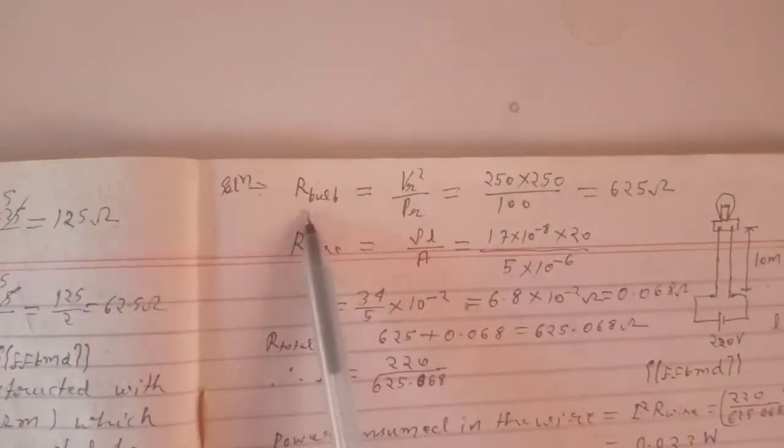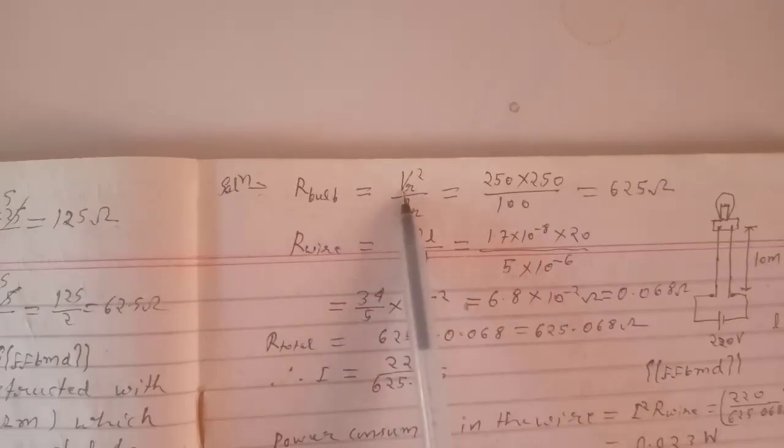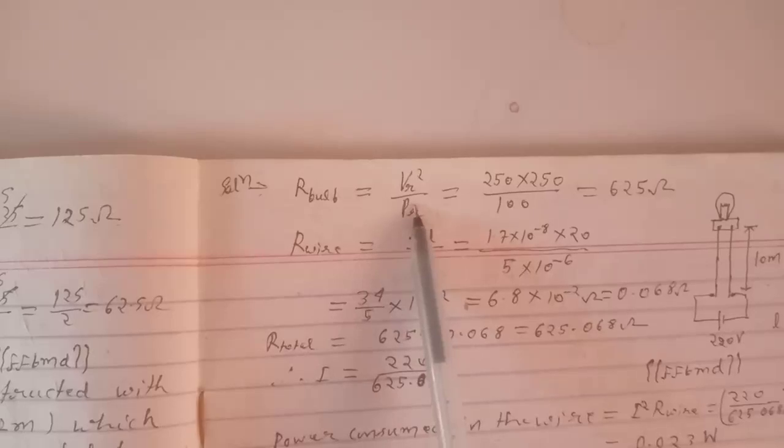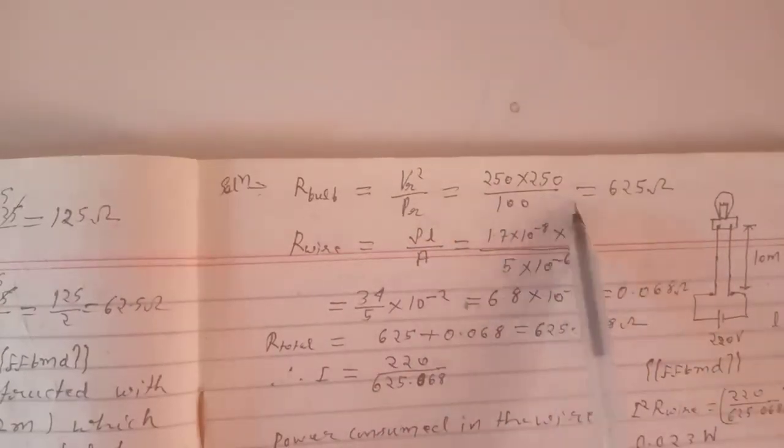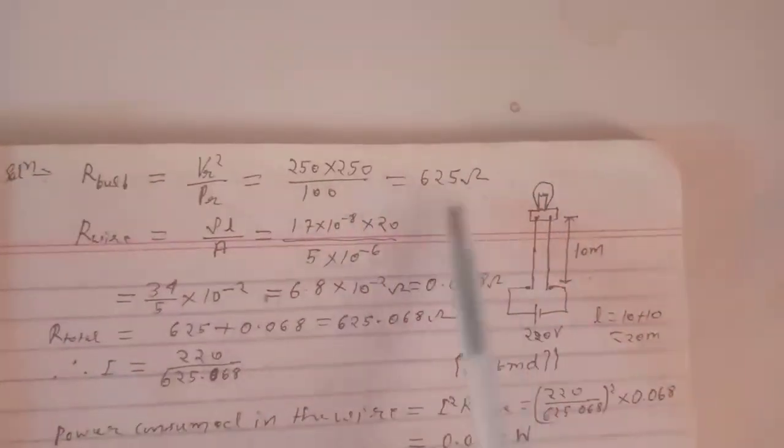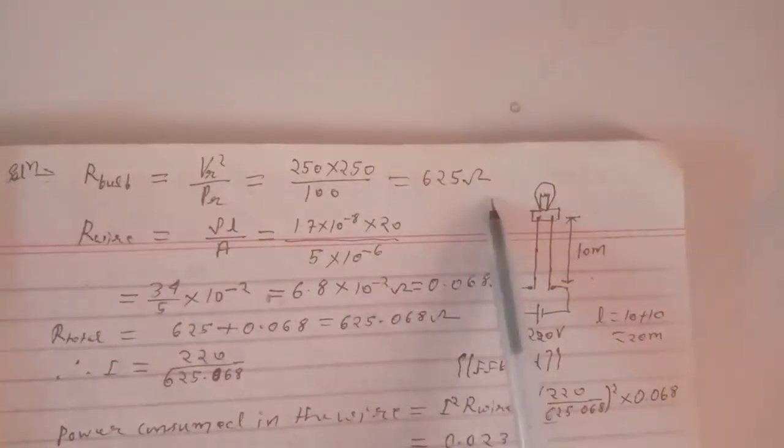Solution. Resistance of bulb equals V rated square by P rated, or 250 into 250 by 100 equals 625 ohm.